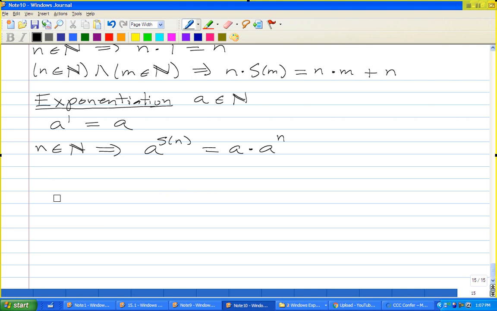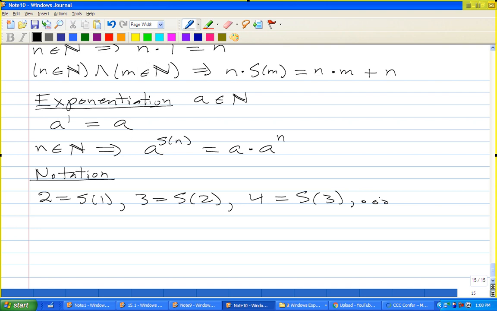Notation: define 2 as the successor of 1, 3 as the successor of 2, 4 as the successor of 3, etc. So define all the usual numbers as the successors. The successor of 3 is 4, the successor of 4 is 5, the successor of 5 is 6, etc. And now let me get to an example.